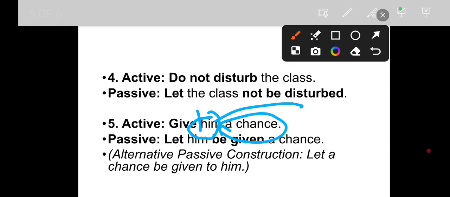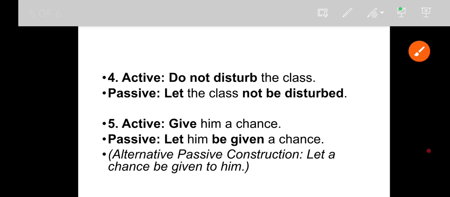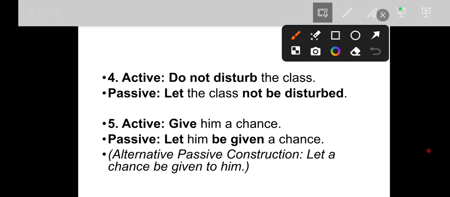This is the direct object, this is the indirect object. And when a sentence has two objects, there are two passive voices. In the first passive construction, you have taken him first: let him be given a chance. So the object comes here.